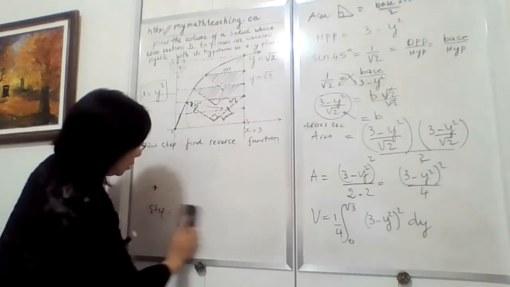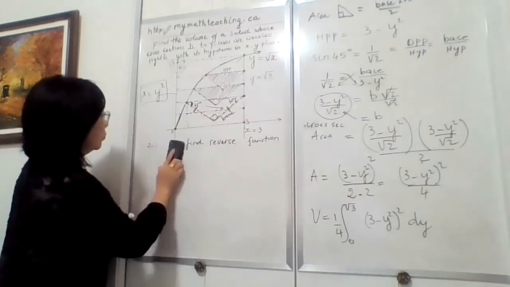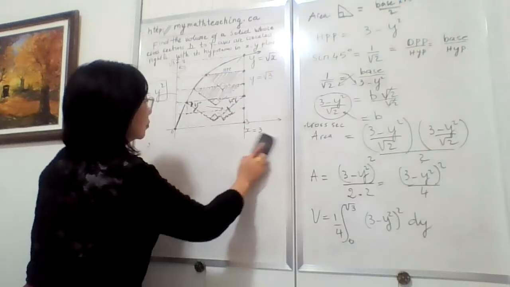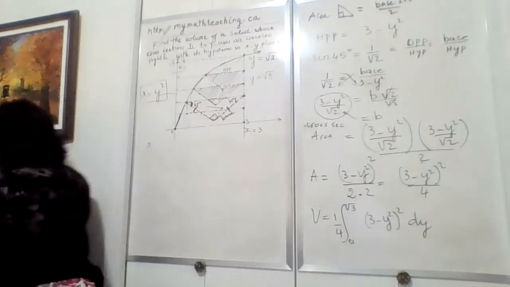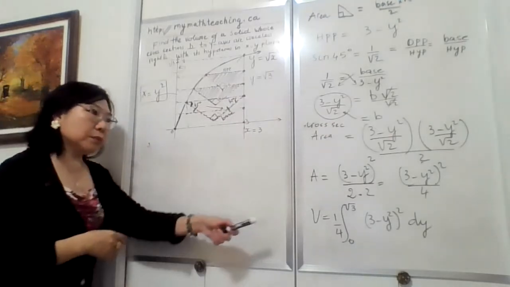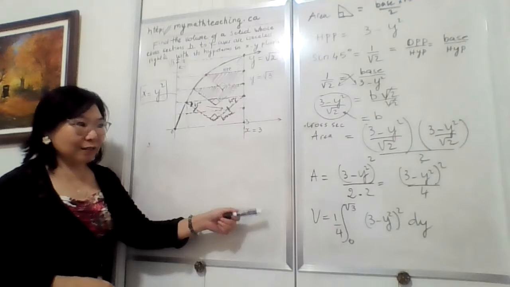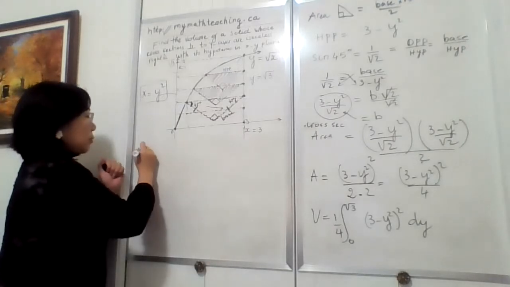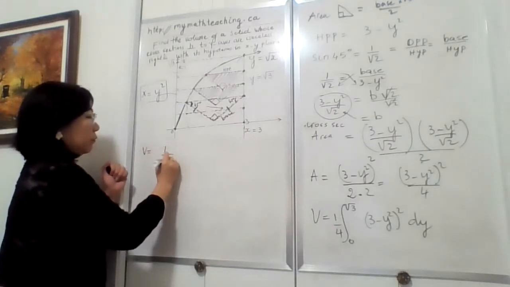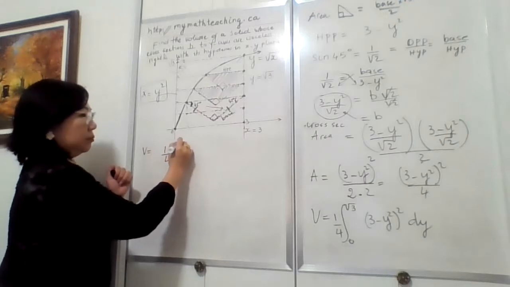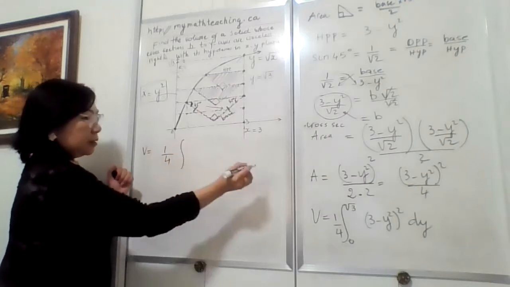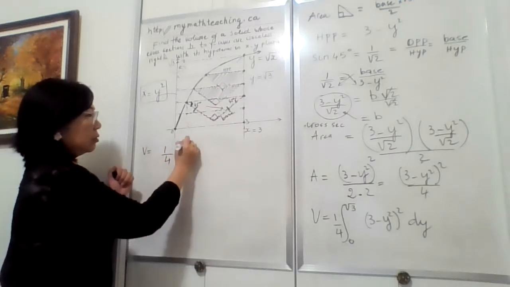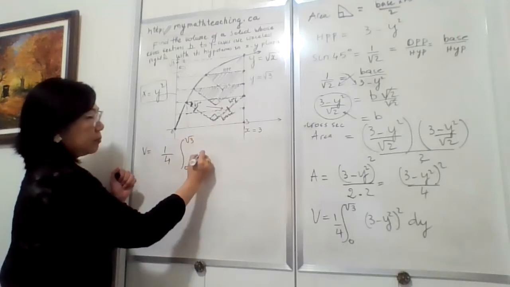So let me continue here. I'm going to integrate that, right? So our volume now will be equal to 1 over 4, and I want to expand the function first, okay? From 0 to square root 3. I'll expand this.